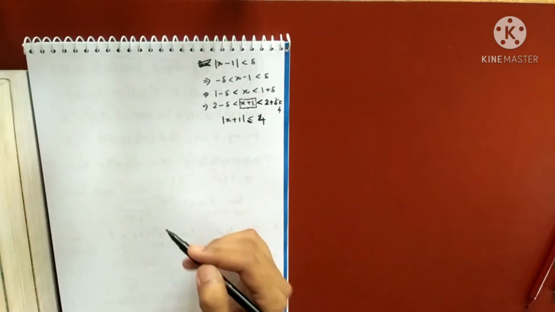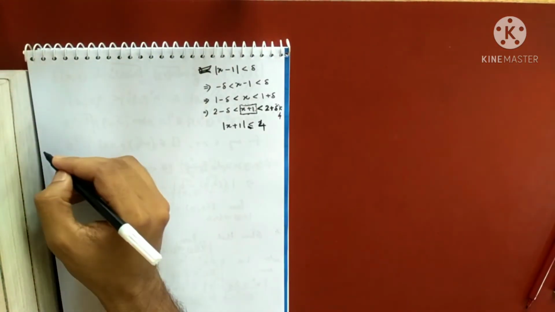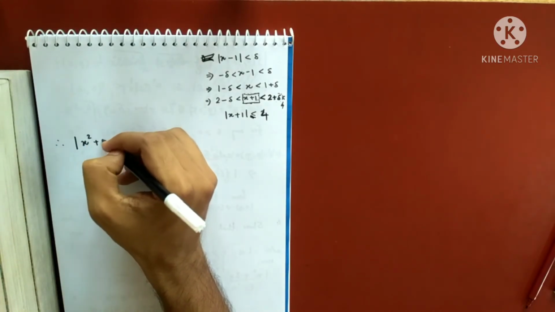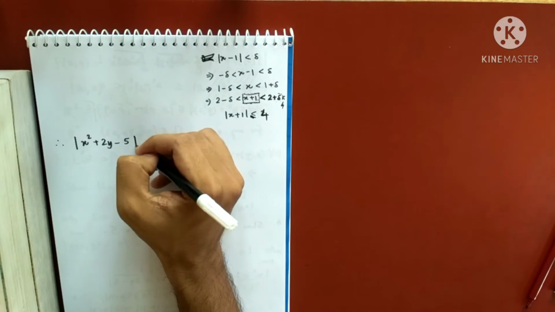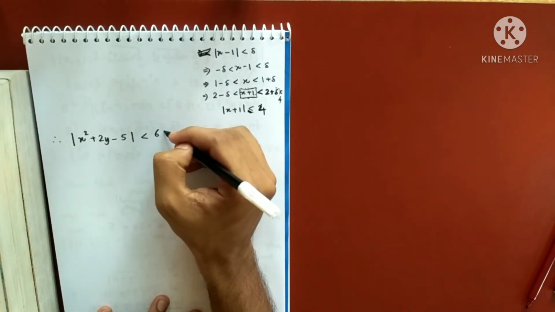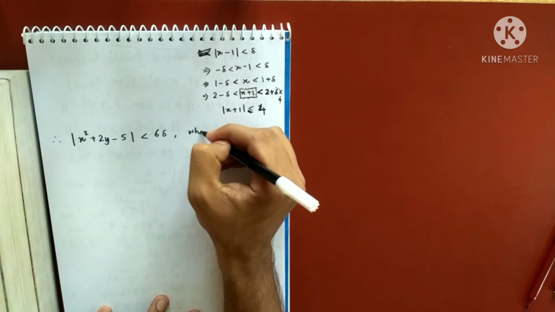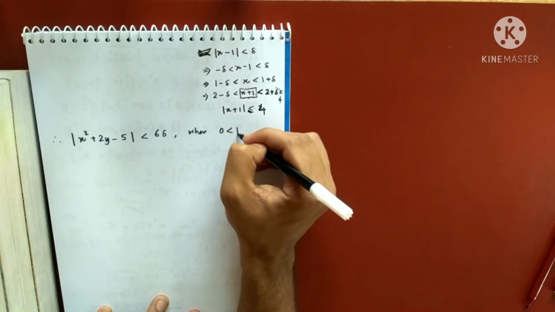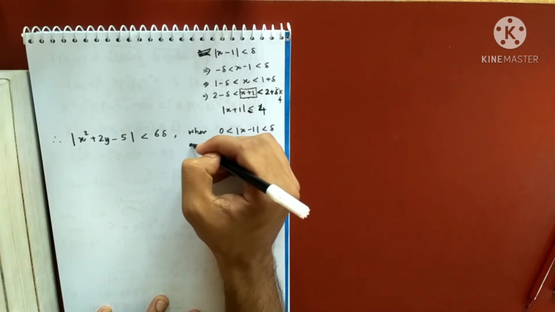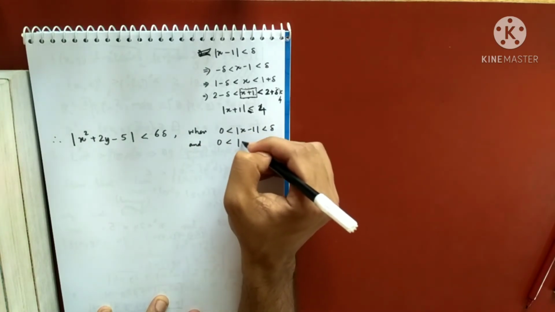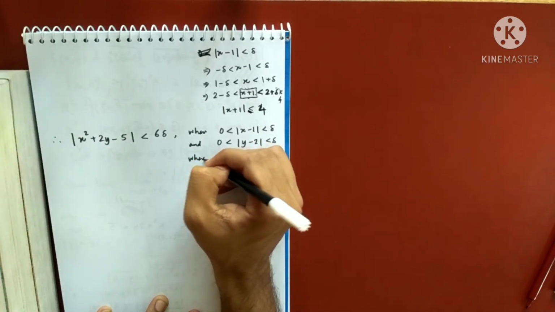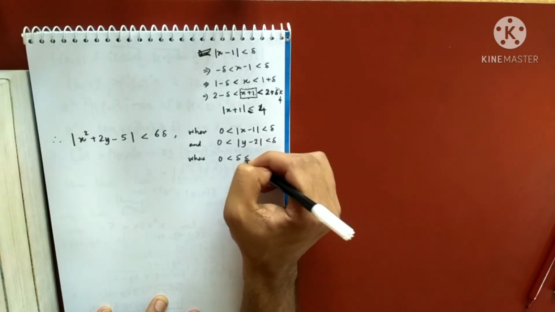So what I have, I'll write it here. Therefore, modulus of x square plus 2y minus 5 is less than 4 delta plus 2 delta, that is 6 delta, when 0 is less than x minus 1 less than delta, and 0 is less than y minus 2 less than delta, where 0 is less than delta less than or equal to 1.